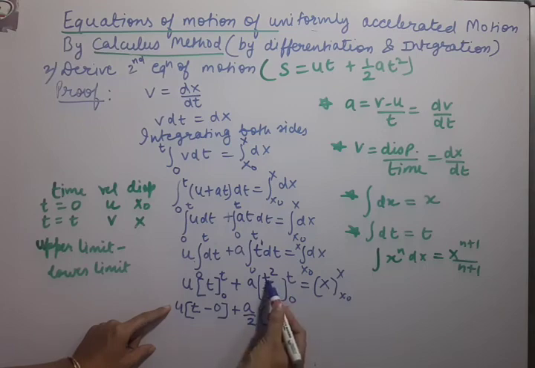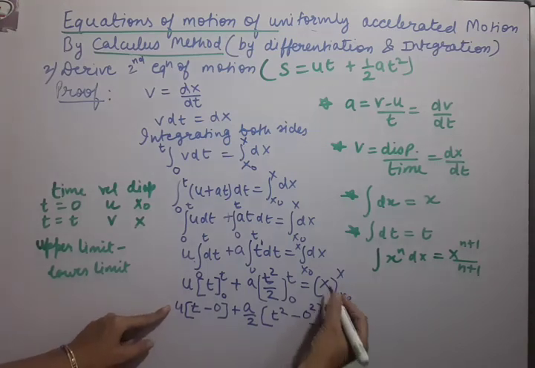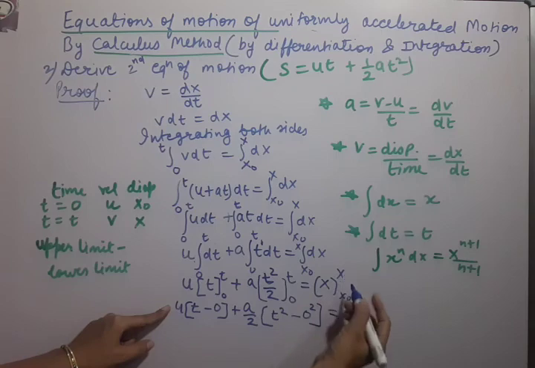In place of this t, put the upper limit t. Because the power is also there, the power will appear here too. Then put minus sign, and in place of this t put 0, so 0 square will appear. And then here, in place of this x, put upper limit x, then minus sign, and in place of this x put lower limit x0.